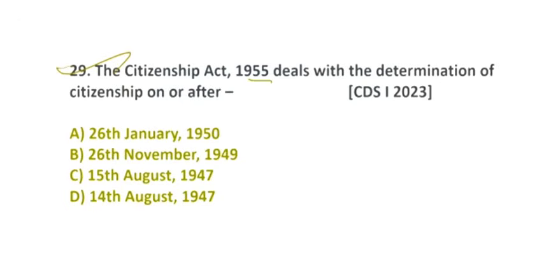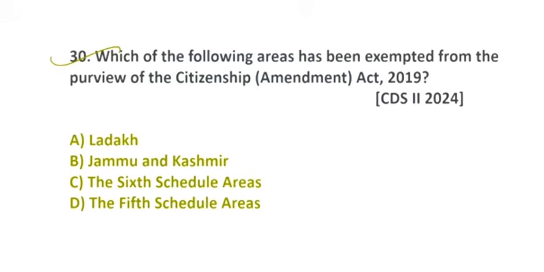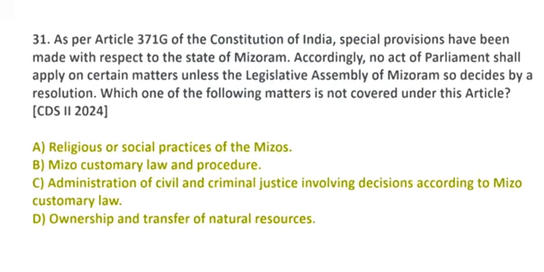The Citizenship Act 1955 deals with the determination of citizenship on or after. Option number A, 26th January 1950. 30. Which of the following areas has been exempted from the purview of the Citizenship Amendment Act in 2019? Option number C, the 6th schedule areas.